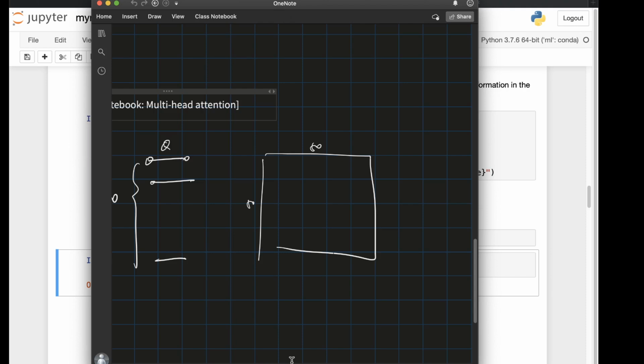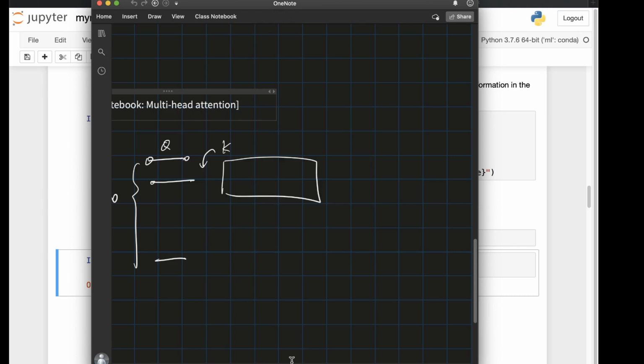If this is a query vector and we have the similar sized k vector, we just need to take the transpose of the k vector, then we'll arrive at something of this size, and by taking this kind of operation, we will get the desired 50 by 50 attention matrix.